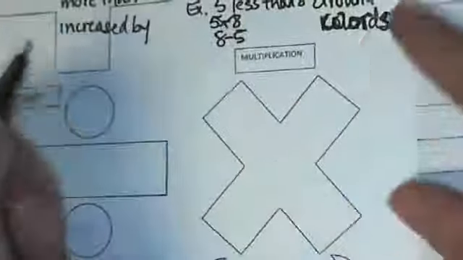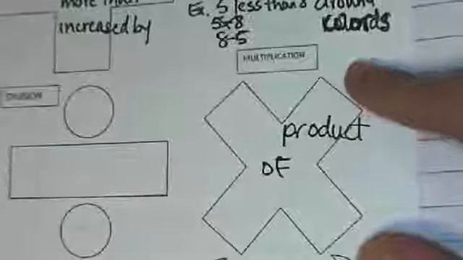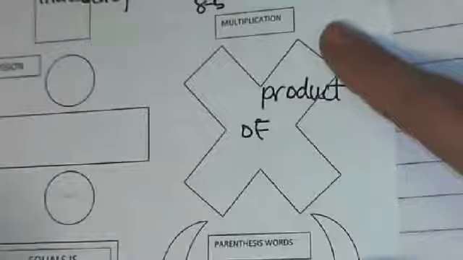And then we have multiplication. So words for multiplication. The answer to a multiplication problem is product. Of course, the little word of means multiplication.